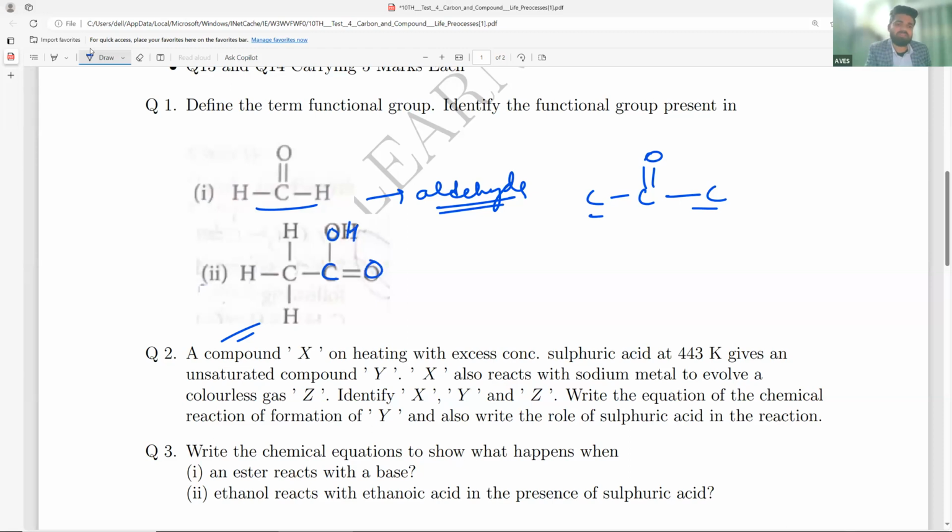Very good. So please write down the definition of the functional group properly in your notebook. An atom or a group of atoms attached to a hydrocarbon chain that determines the chemical and physical properties of the hydrocarbon chain is called a functional group. Note it down with an example.